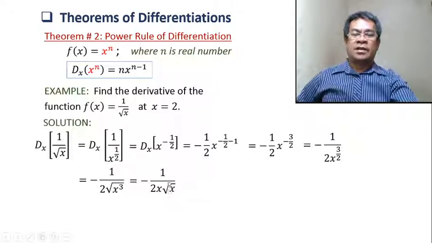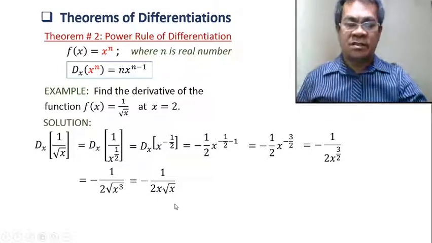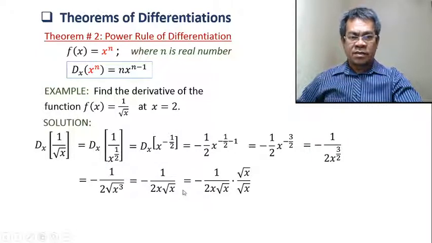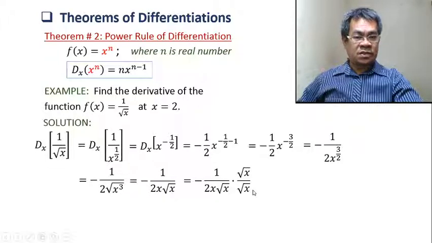Now again, there's a radical in the denominator, so all you need to do is to rationalize. You have to recall your algebra: to remove the radical under the denominator is to rationalize. This 1 is the rationalizing factor. If you multiply square root of x times square root of x, the answer is x.